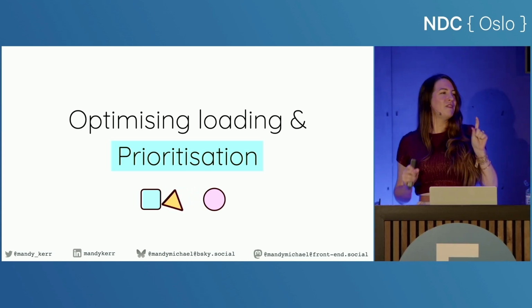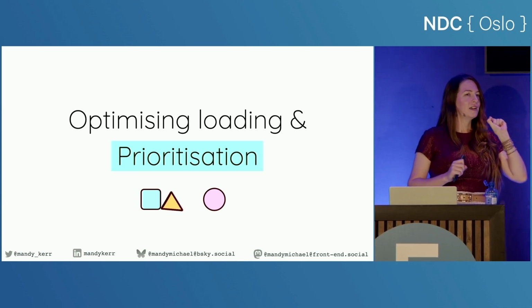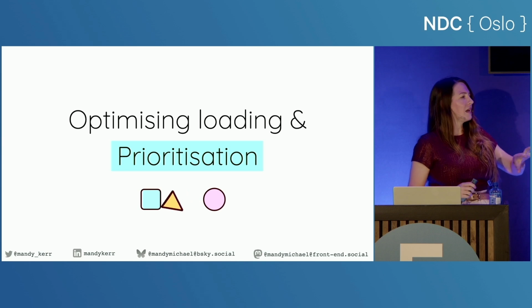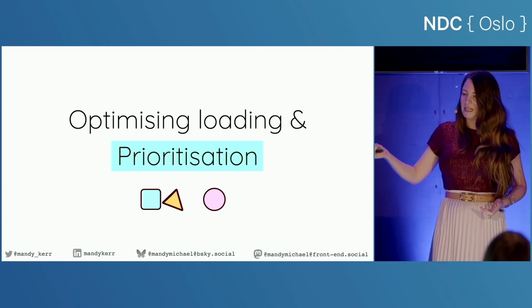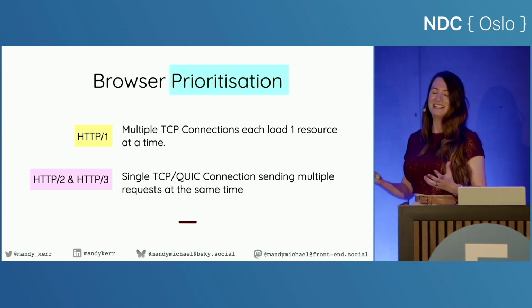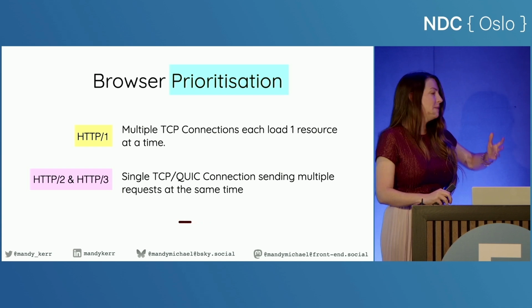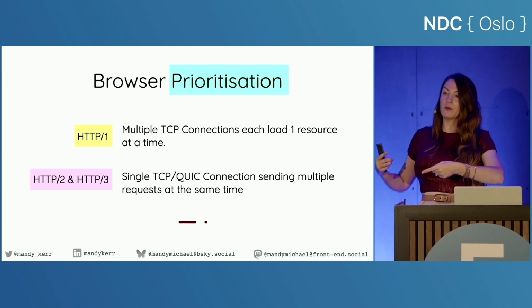I'm going to give a very simple, basic rundown of prioritization, just to set some background for you. It's a very complex area, so when I say basic, I mean basic. Let's do the best that we can. So, with prioritization, in HTTP 1, browsers would typically open multiple TCP connections and it would load one resource at a time.